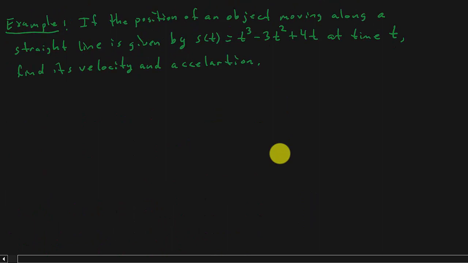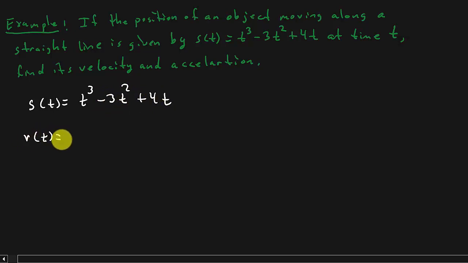If the position of an object moving along a straight line is given by this at time t, find its velocity and acceleration. So this is s of t is equal to t cubed minus 3t squared plus 4t. All right, so the velocity, v of t, that's the derivative of the position function, right? That's your velocity.